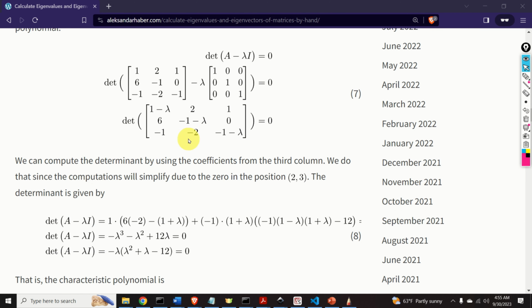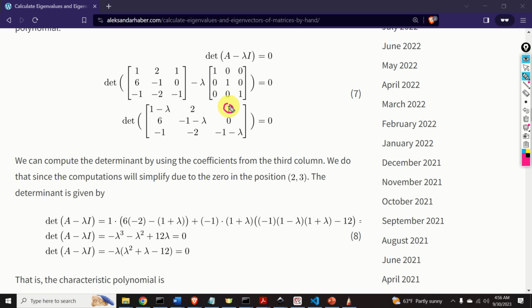How to compute the determinant of this matrix? We can expand the determinant expression by using these coefficients. We use these coefficients since we see 0 over here, and consequently the corresponding term will be equal to 0 and the expression will be simplified significantly. So let's do that. Let's start with this coefficient.